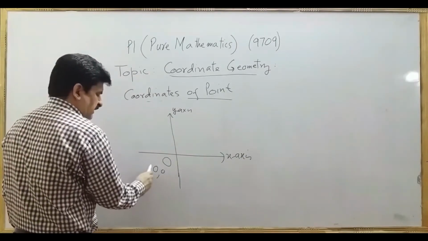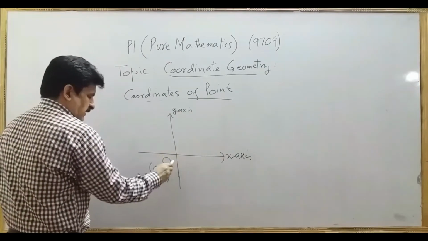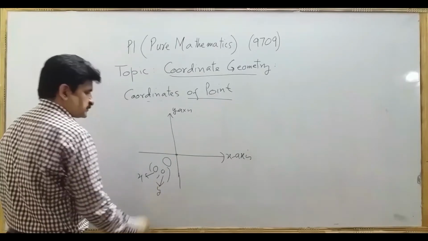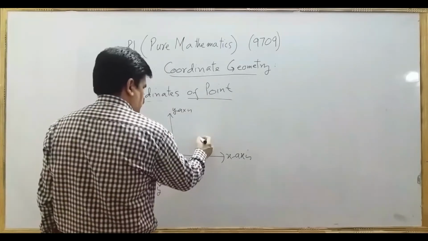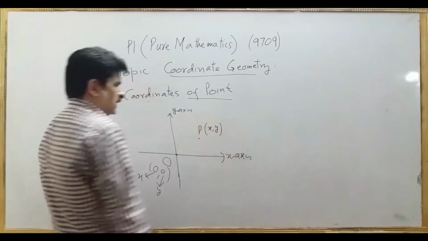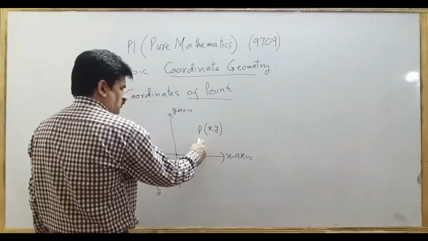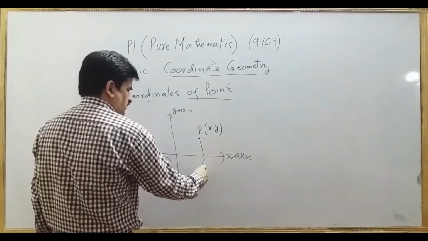Coordinates of origin are taken as 0, 0. So here x is 0, y is 0. Now we have a point P(x, y). x and y are any two real numbers. You draw a perpendicular on x-axis.